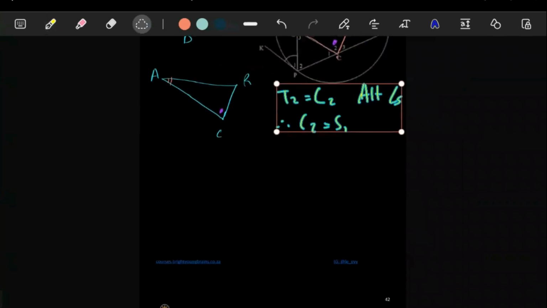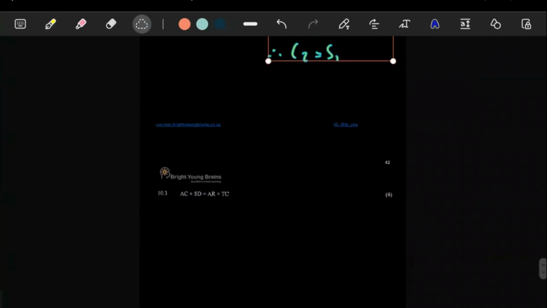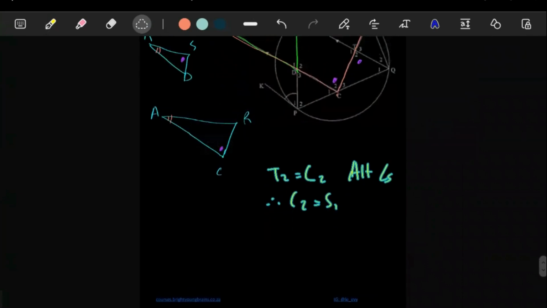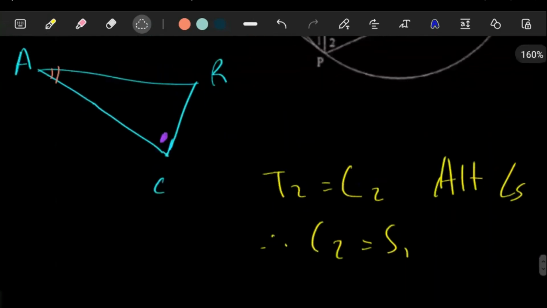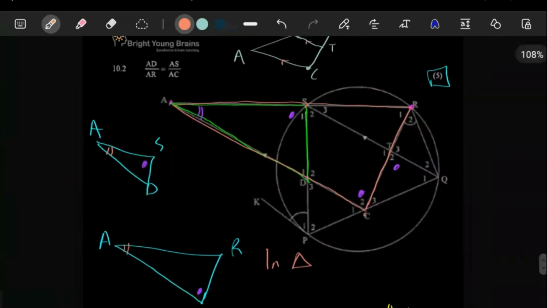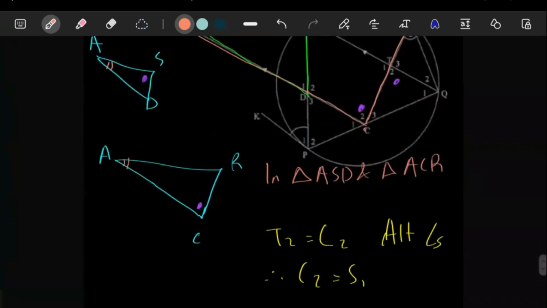But before writing all this, we can firstly state that we're talking about specific triangles. So we can say here in triangle ASD and triangle ACR, in these triangles, we know what we stated here.